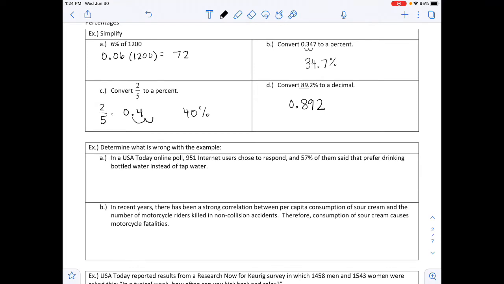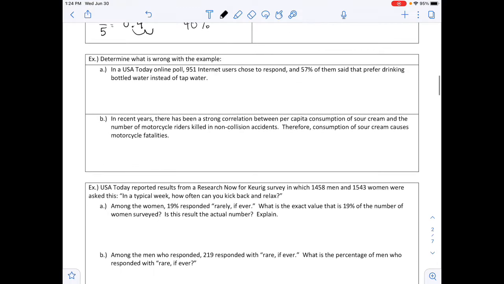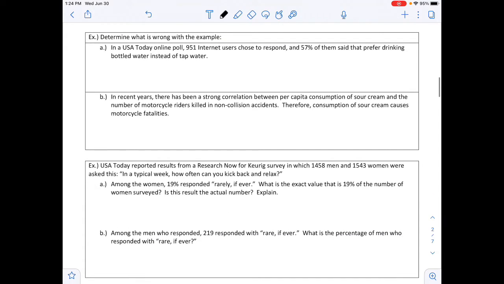The next example says determine what is wrong with the example. Part A says in a USA Today online poll, 951 internet users chose to respond, and 57% of them said that they prefer drinking bottled water instead of tap water. So again, what is wrong with this example?